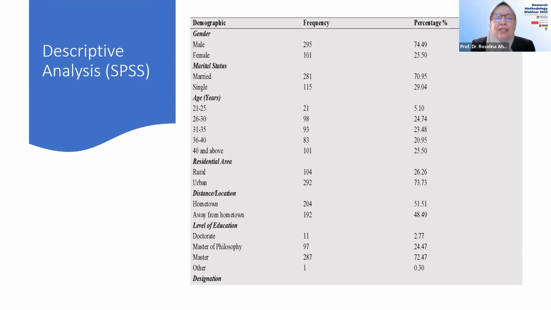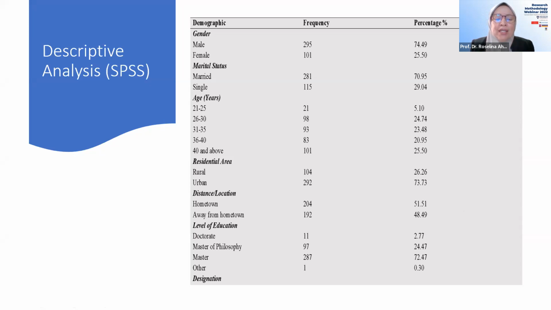And for residence, where the respondents reside, they are actually coming from the urban area, which composes 73%, and the distance from the location is that they are within the hometown of their place.